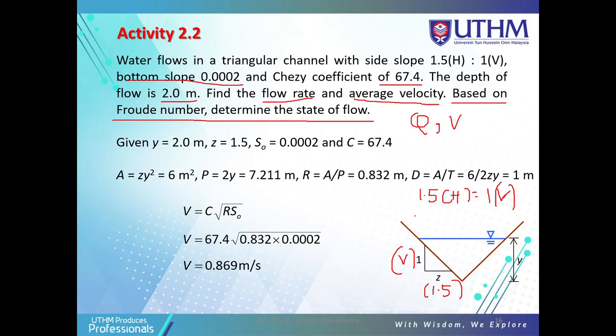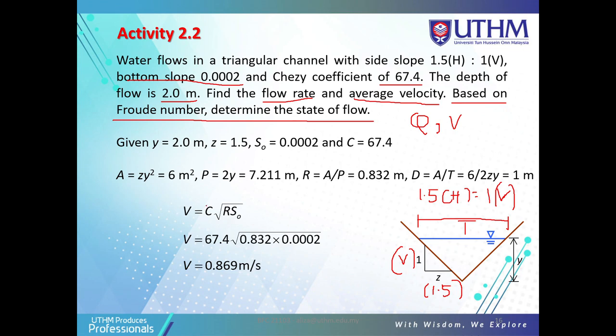And D is A over T, because T is from this top width. So T here. Use the equation D is equal to A over T, so we get 1 meter here.